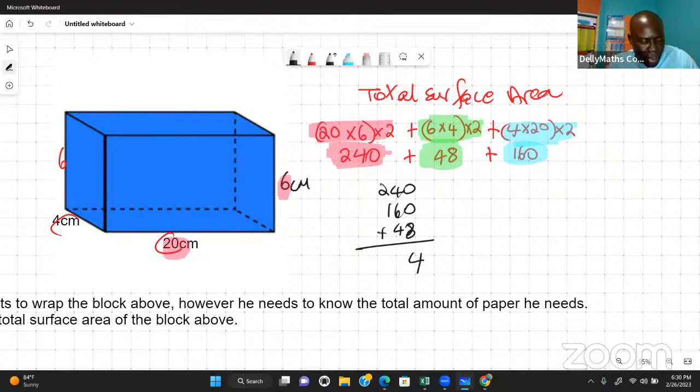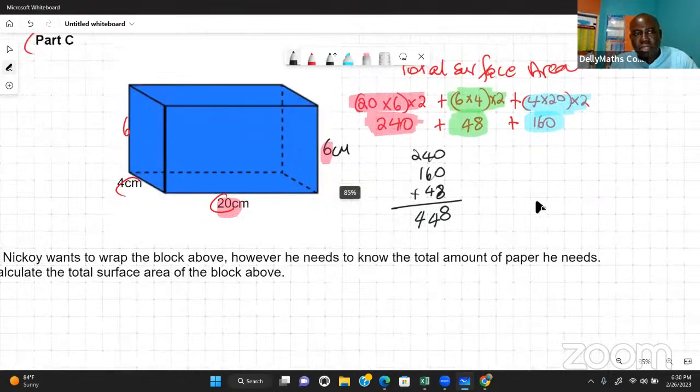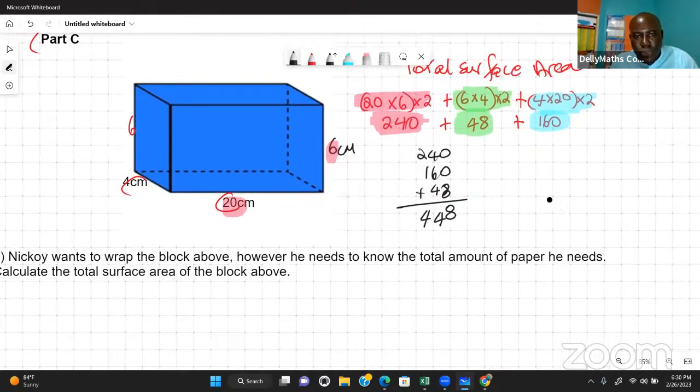So this is going to be an 8, sorry, I wrote 4. This is 8 right here. This is going to be a 4 and another 4. So the total surface area of this block is actually 448 centimeter square. And you have to put the unit, remember, because we're dealing with area.